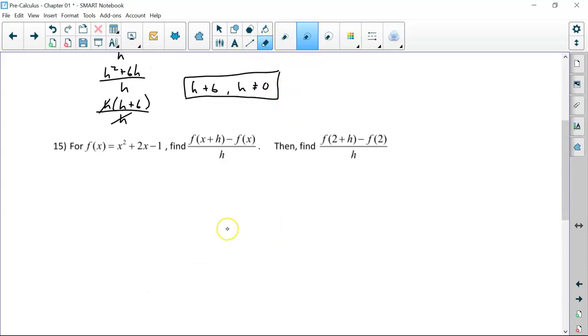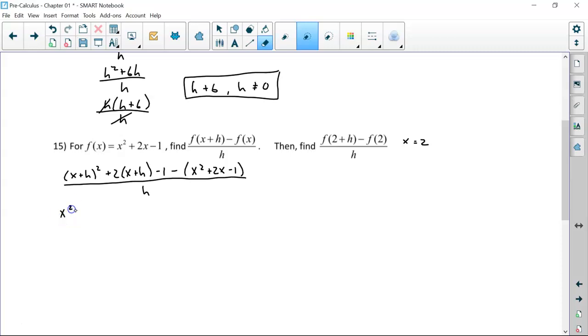So next it says find f of x plus h minus f of x over h. So we're finding the difference quotient, then we're finding out basically when x equals 2. So we're going to do everything for the first part, and then we'll just substitute 2 for x to finish up. So it's going to be x plus h squared plus 2 times x plus h minus 1 minus the quantity of x squared plus 2x minus 1, all divided by h.